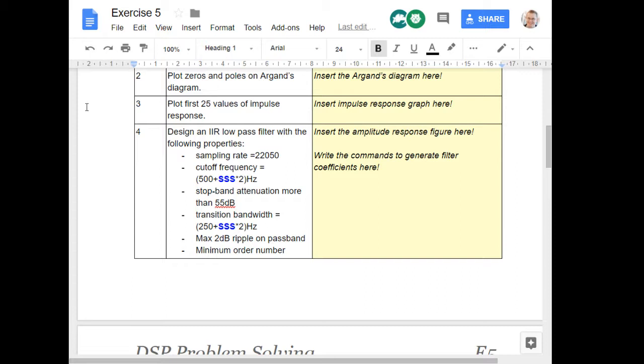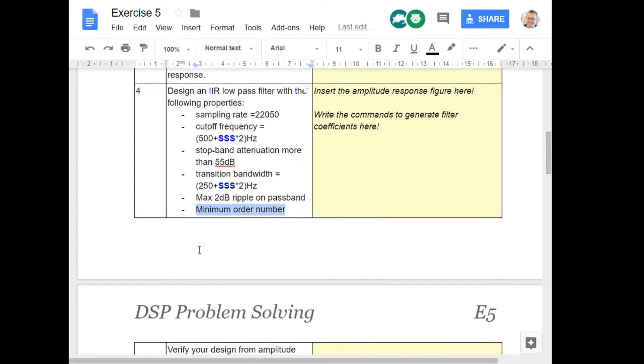There are different possibilities if you take the FDA tool, but basically the two simplest ones are the Butterworth and Chebyshev. This one has a ripple, that one has zero ripple. Okay. Minimum order number, meaning you will estimate it with the buttord or cheb order.